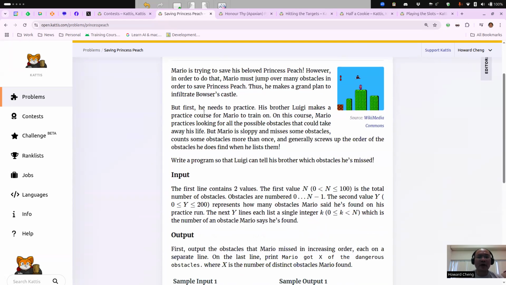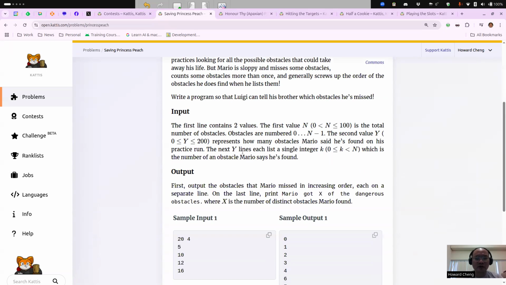The first problem, you have up to 100 obstacles, numbered between 0 and n minus 1. And then you're going to be given a list of obstacles that Mario has found, and you have to figure out basically how many he has found.